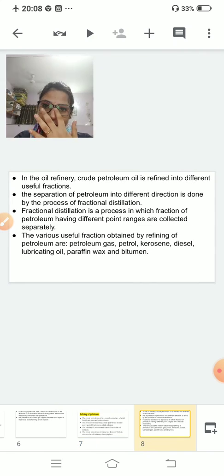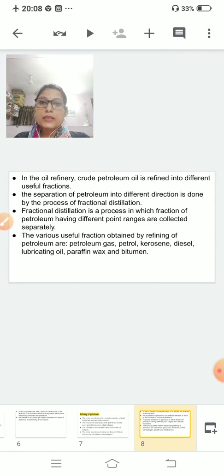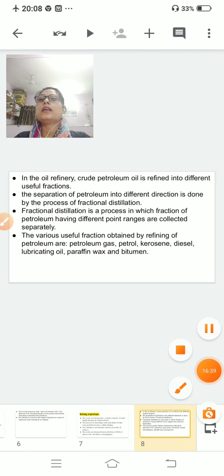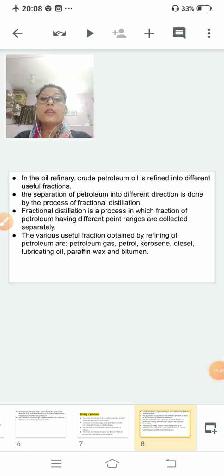The separation is done by fractional distillation, in which fractions of petroleum having different boiling point ranges are collected separately. The useful fractions obtained are petroleum gas, petrol, kerosene, diesel, lubricant oil, paraffin wax and bitumen.